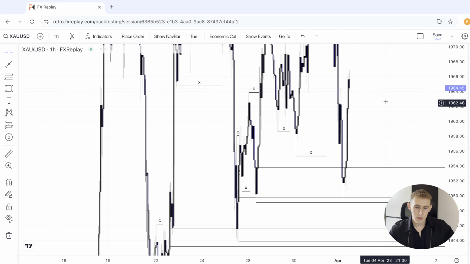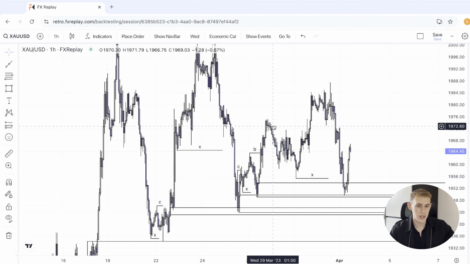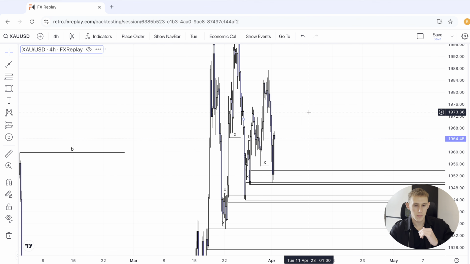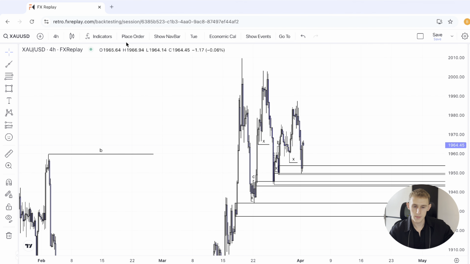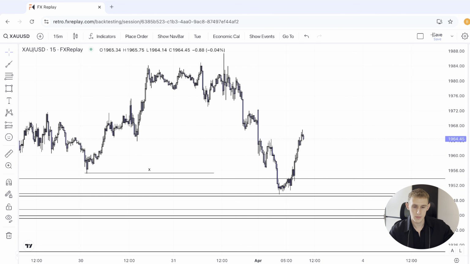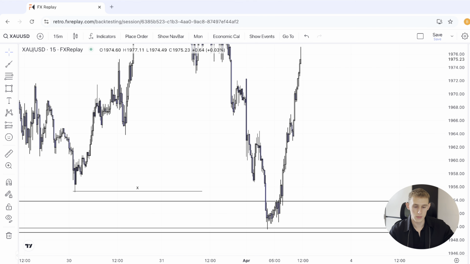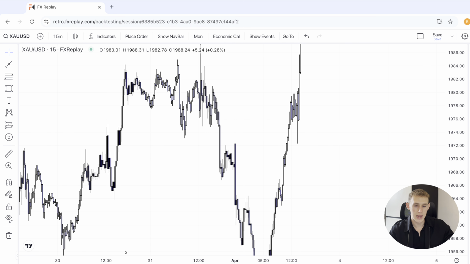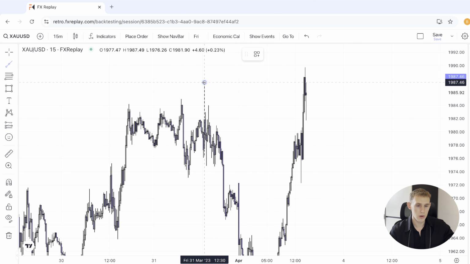Higher time frame wise though, I think it's likely going to gravitate back towards this high anyway. So yeah, I'm going to look for more buys up into that high. Yeah, so we didn't really get a pullback there, but you have now had this main structure broken.